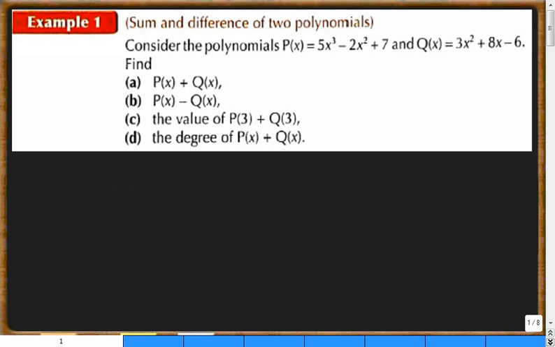Okay, so example 1 asks us to consider the polynomials p of x and q of x. Part A asks us to find p of x plus q of x.